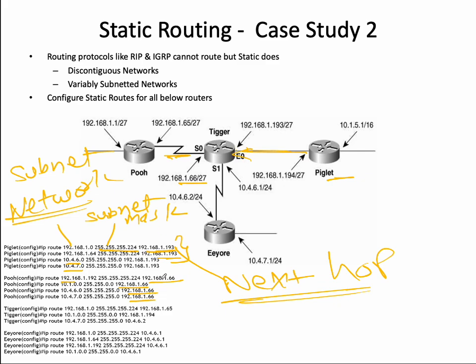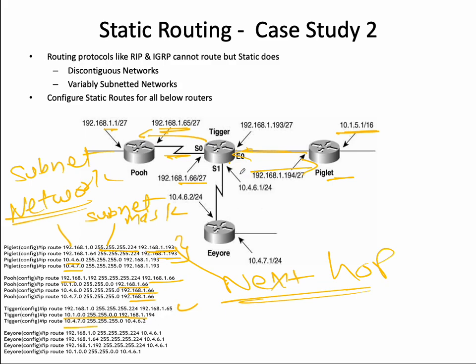And in Tiger, you see 192.168.1.0. Where is it? It's on this side, so you forward it to this guy. So Tiger forwards it this way. For 10.1.0.0, this is the /16 network, so the Tiger router is forwarding this way.